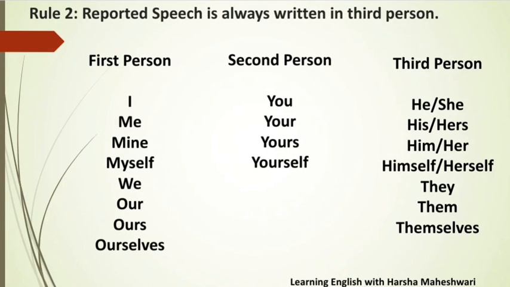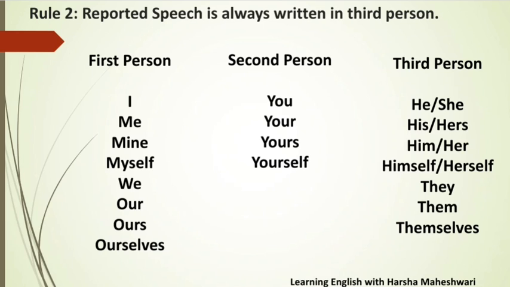Next rule is, reported speech is always written in third person. First person is the person who is speaking, the speaker. So here we use I, me, mine, myself, we, our, ours, ourselves. Second person is the person who is listening, the listener.